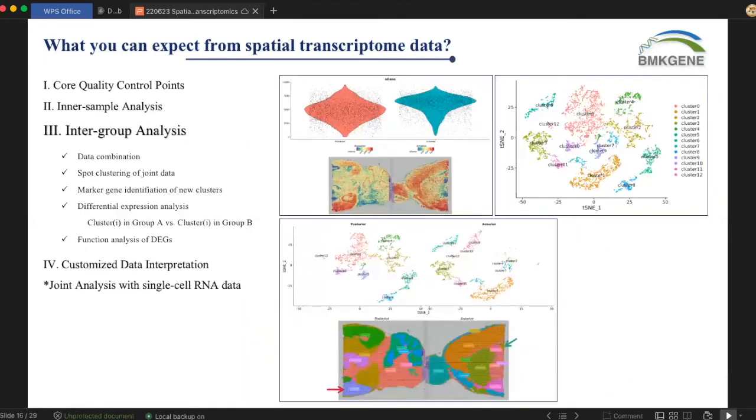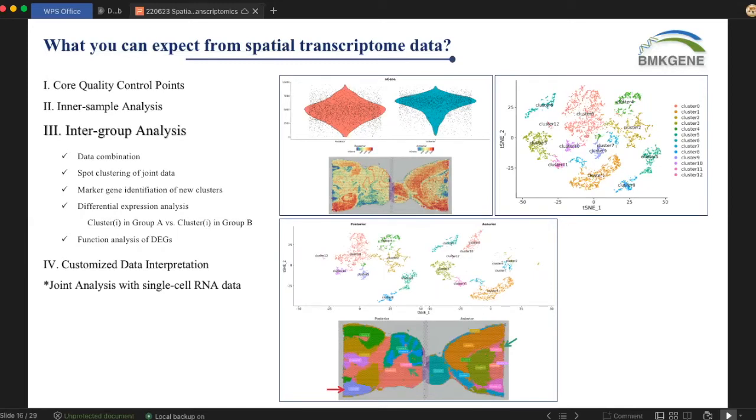We can also have an intergroup analysis, which is the most common one, because normally we will have two different treatments or two time points, and so on. We want to compare the differences in more dimensions. Here, we first combine all the spots of two or three samples together and redo the clustering.